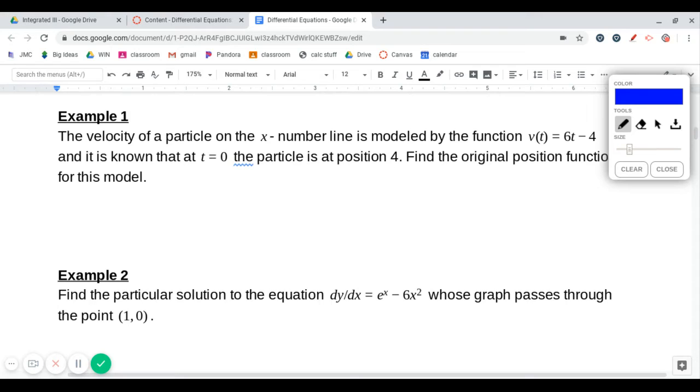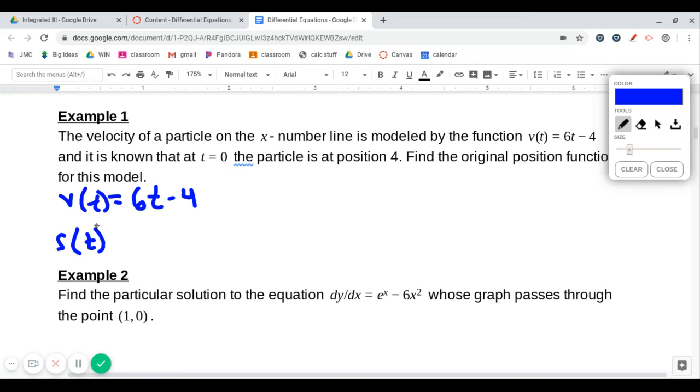Find the original position function for this model. To do that, we're going to use this velocity function v of t to find our general position function by integrating it. So s of t is the integral of v of t.